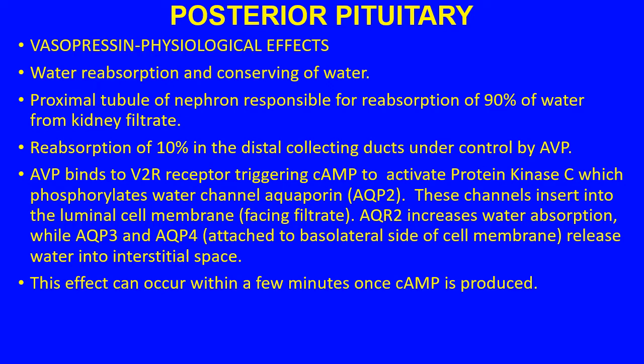And they're going to release that water into the interstitial space, which happens to be occupied in part with capillaries. And that water is going to get transported into the capillaries and then back out of the kidney venous flow. And by the way, this is a relatively quick process. It can occur within a few minutes once you've started producing cyclic AMP.